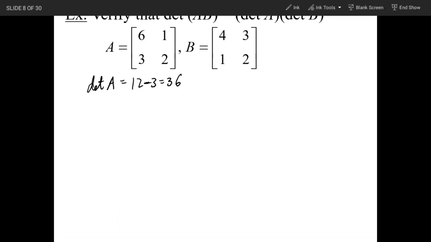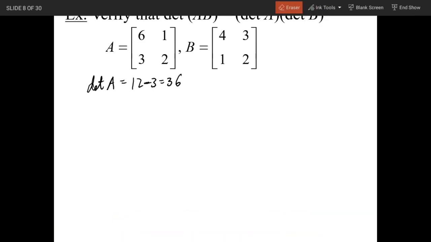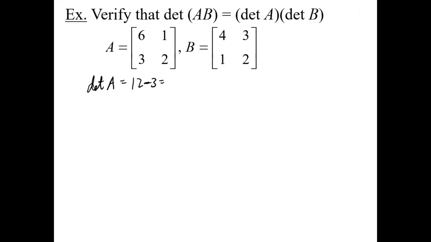I can do this, I really can. Okay, so that's 9. And then the determinant of B is going to be 8 minus 3, which is 5. Okay, let's find A times B, using those matrix operations we did a couple of lessons ago.